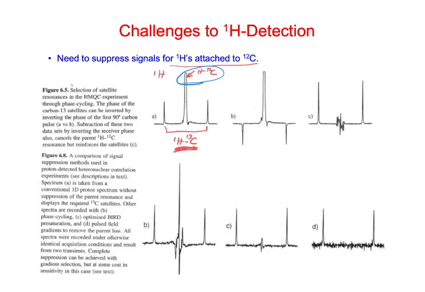All right, so they have some different ways. There are ways to change the phase, or you might be able to just irradiate in the middle here. They had different sequences to do these things. Let me read these. A is a conventional proton spectrum without suppression.